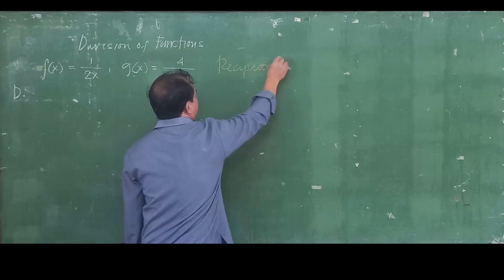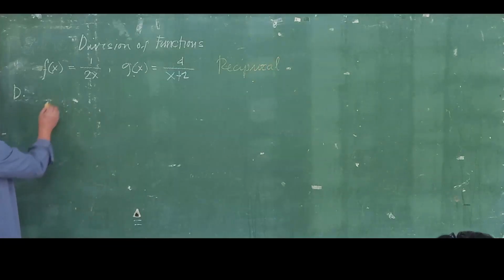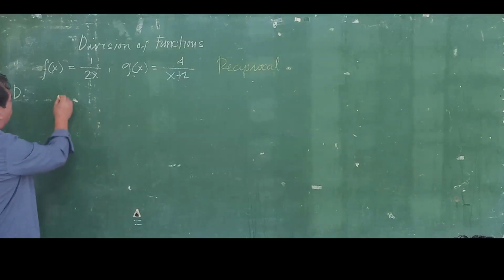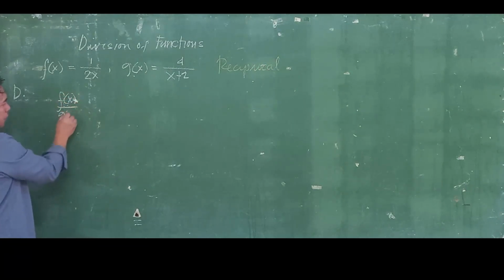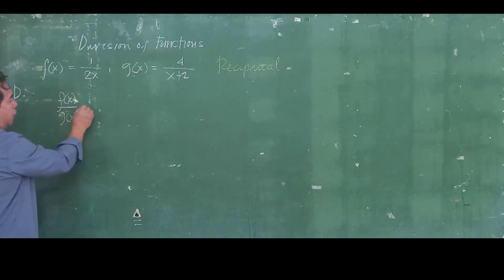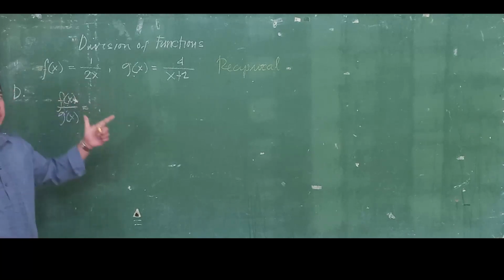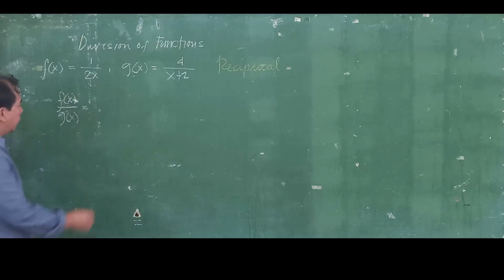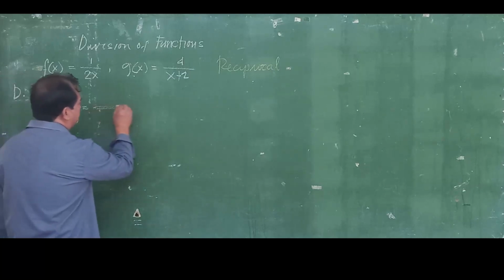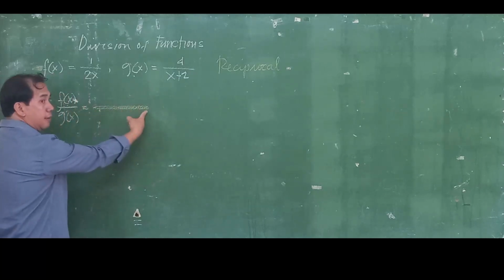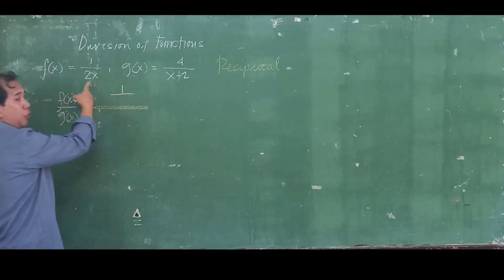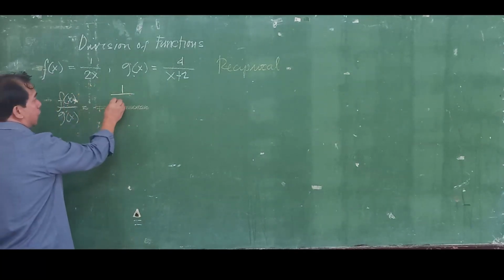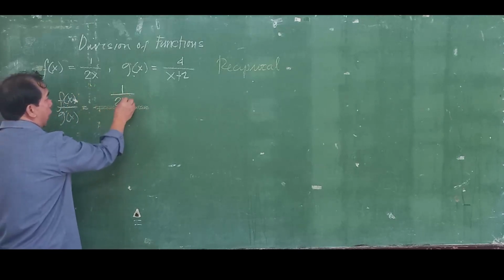Reciprocal. What about if we are going to look for the quotient of f of x over g of x? Definitely, we follow again the same procedure, only that when we divide, our numerator is a fraction, 1 over 2x.